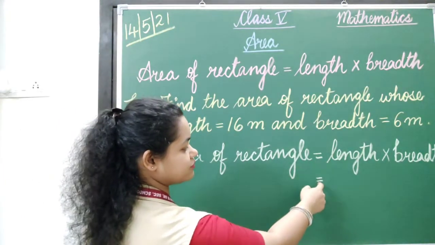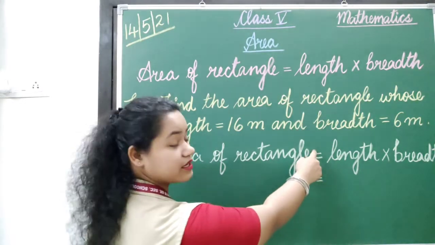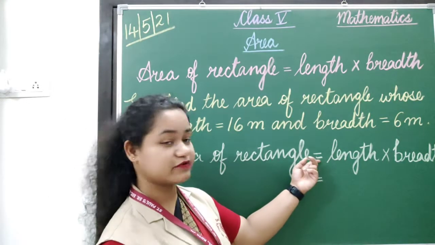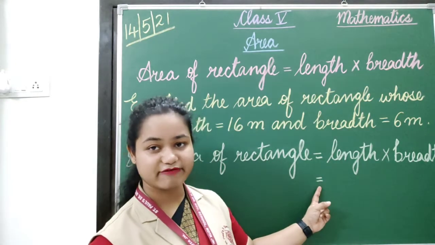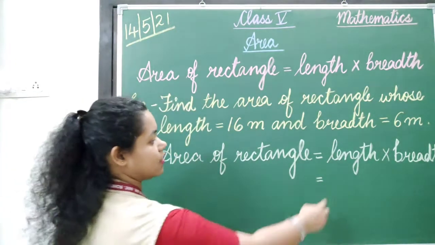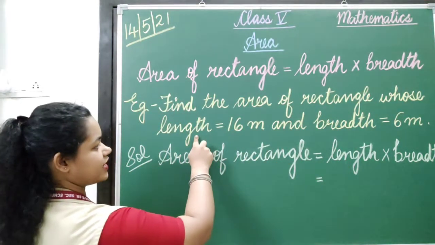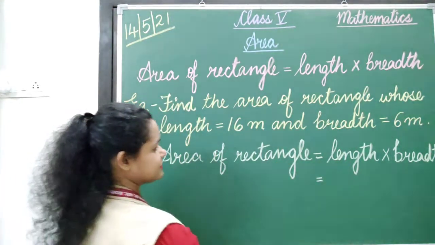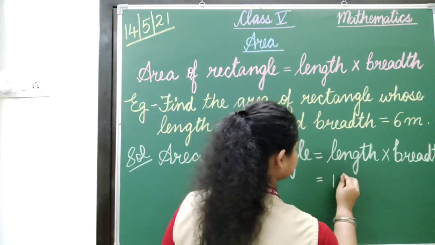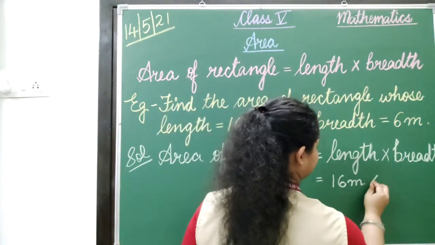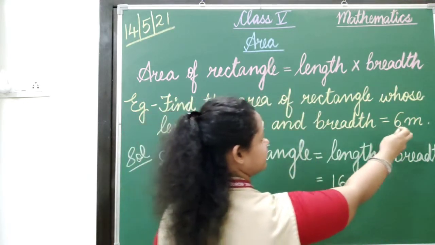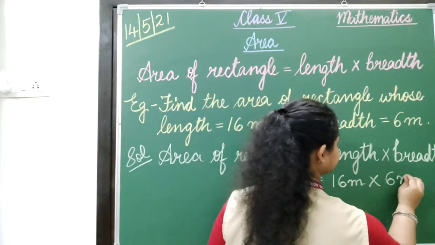So now what is the length given to us? Just put the is equals to sign just below the is equals to sign. Whatever is equals to sign in the beginning you have put in the first line, just below that only you have to put. Okay, remember this. Now in place of length, what you are going to write? What is the length given? 16 meters. Okay, 16 meters multiplied by, what is the breadth given? 6 meters.